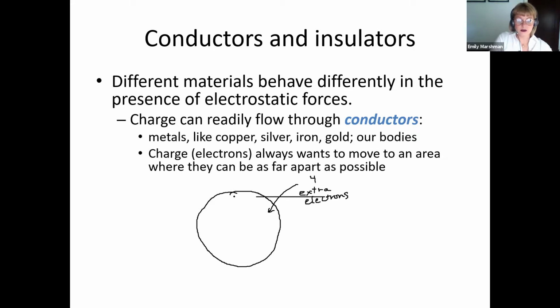So there's going to be an electron here, an electron here, here, and here. They're going to spread apart where they can be as far apart as possible. So they're going to spread to the surface of the sphere, and they're going to be spread evenly across the surface of the sphere because the sphere is a conductor.